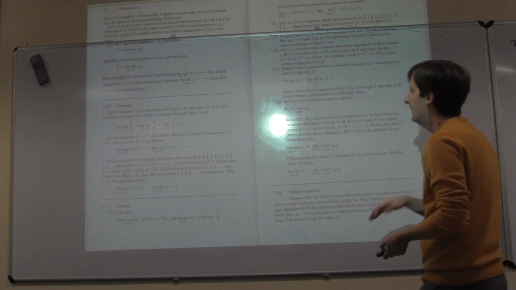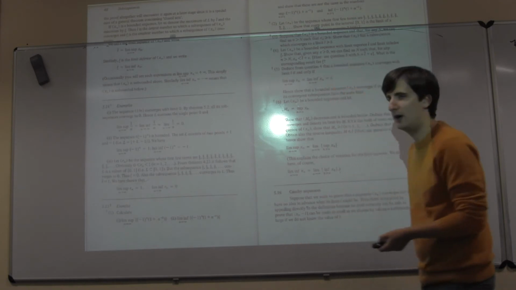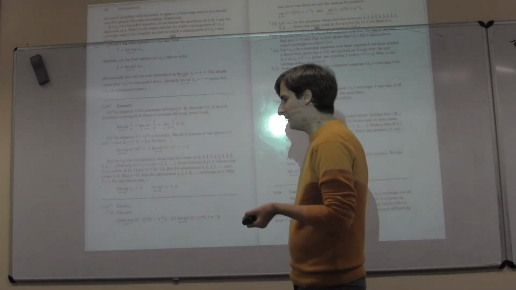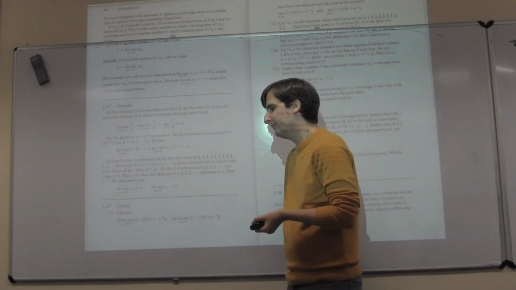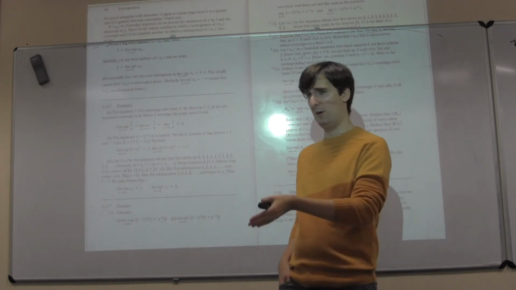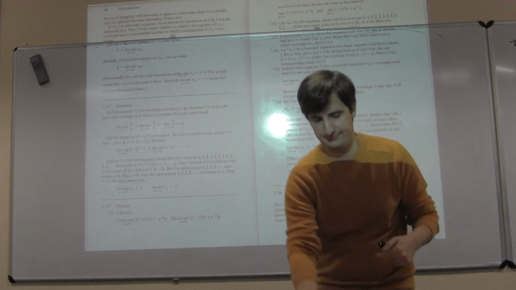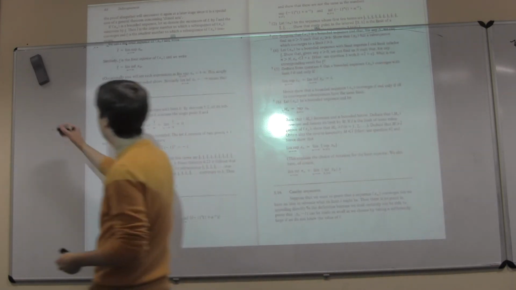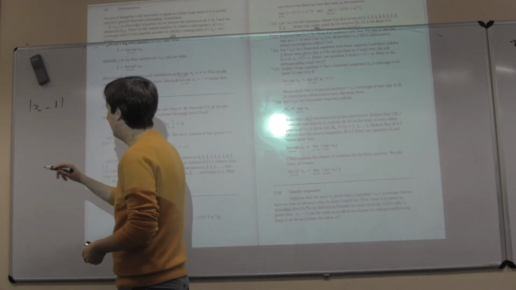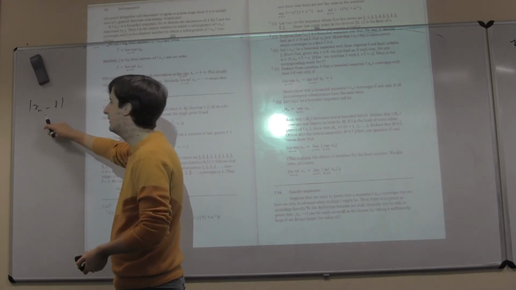So the next important thing we've got to look at are what's called Cauchy sequences. At the moment, in order to prove that something converges, we've always had to know what the limit was, and we're always looking at expressions like xn minus L. But a lot of the time with funny sequences, we won't know what the sequence converges to.